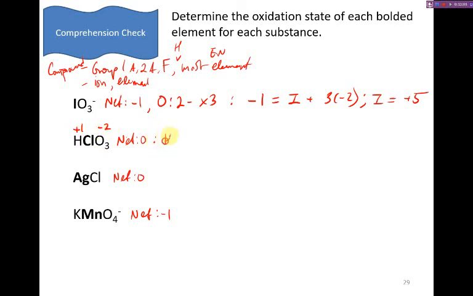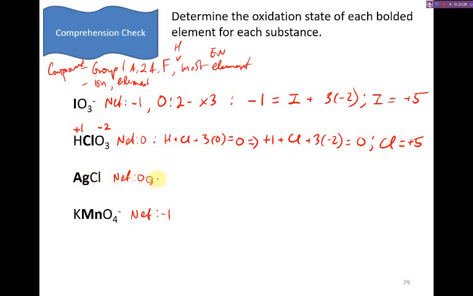That means that we have 1 plus the chlorine plus 3 oxygens is 0. So when we solve for chlorine here, we also get that this one is +5.